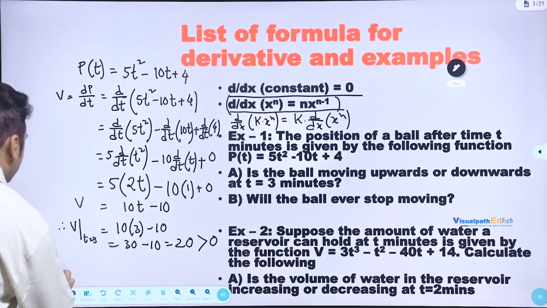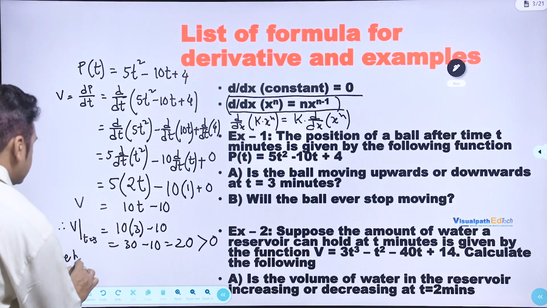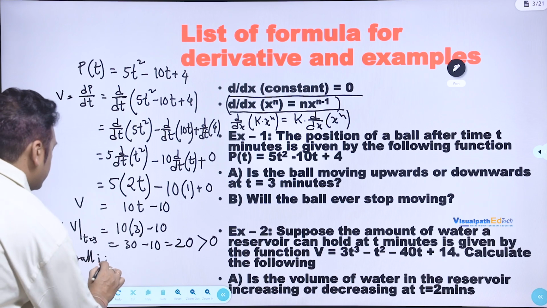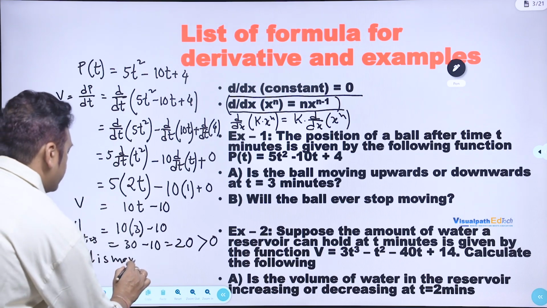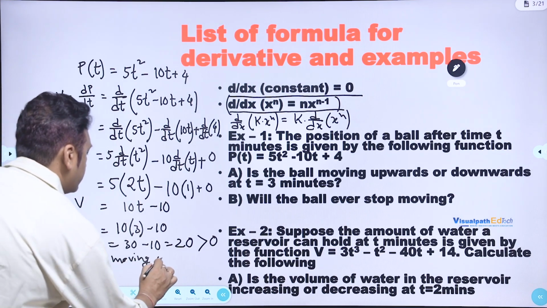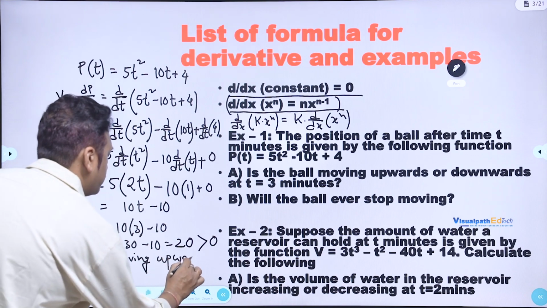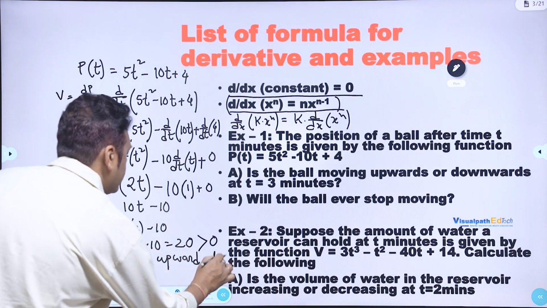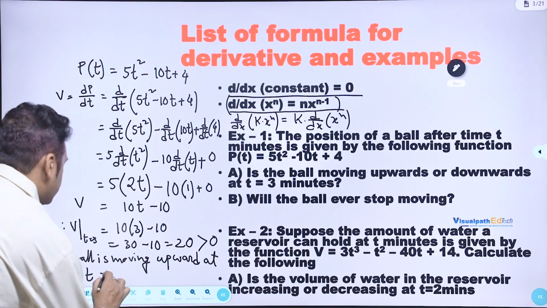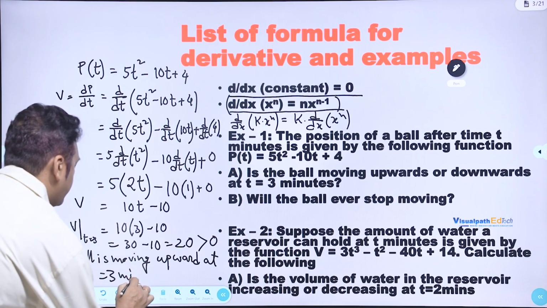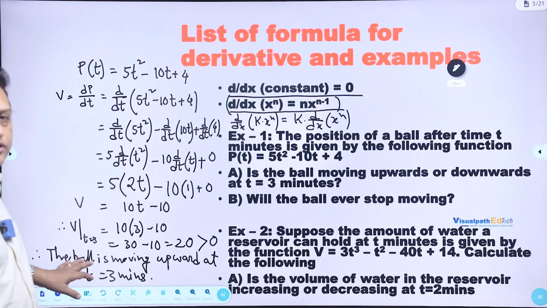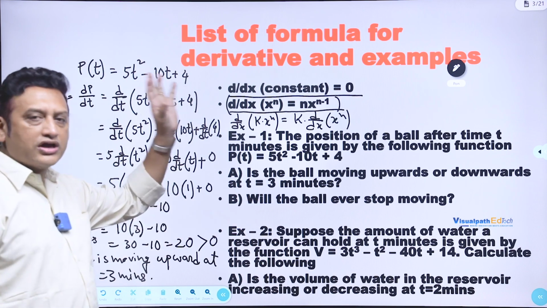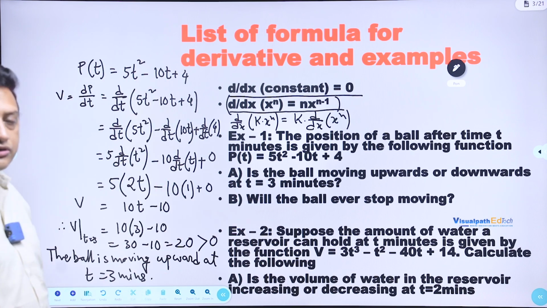Therefore, the ball is moving upward at t is equal to 3 minutes. Okay. So, we have concluded that the ball is moving upward at t is equal to 3 minutes. How did we conclude?